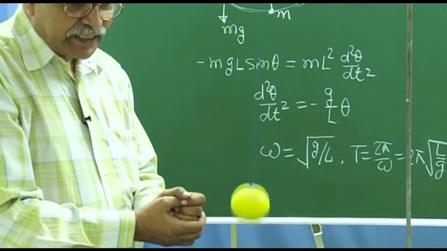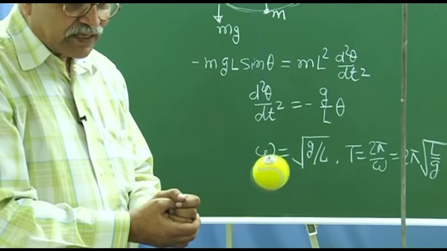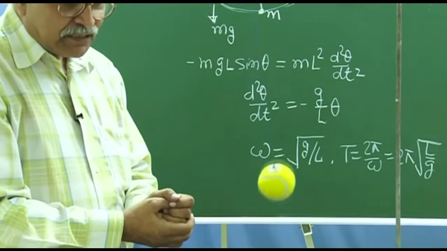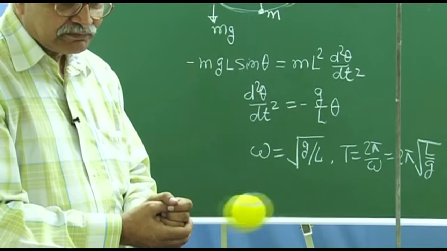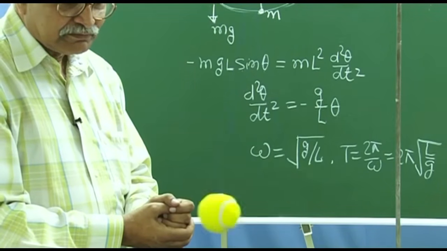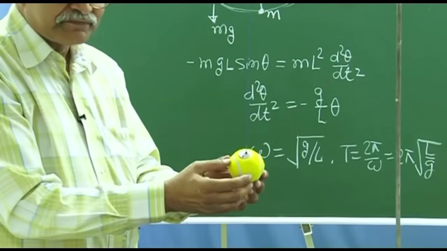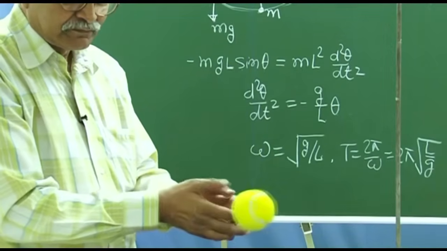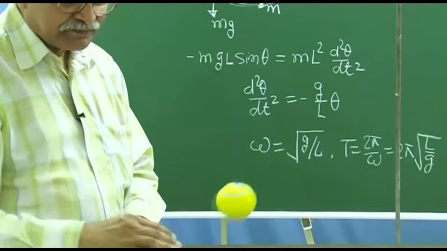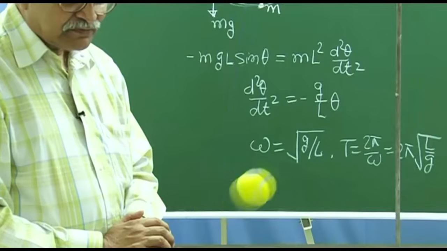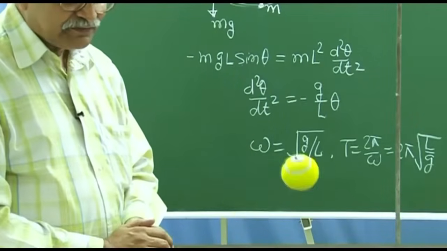Can you see how that ellipse is rotating? When I started, what was the mean plane of motion and what is the mean plane of motion now? Watch it again. I start from here and see it is going mostly in this plane, and now it is going in this plane mostly, roughly.